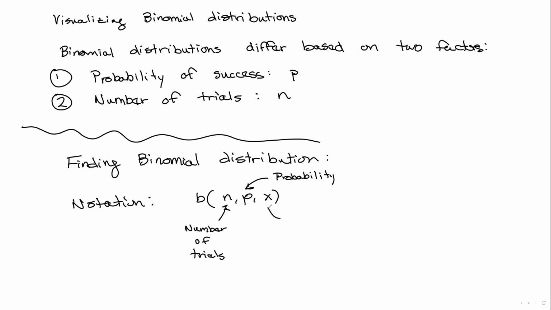Since we're looking for a probability for a specific result, like the example I just showed you, the probability of getting 0 heads on 3 coin flips, the last thing we need is the outcome we're looking for: the number of successes that we want the probability of.